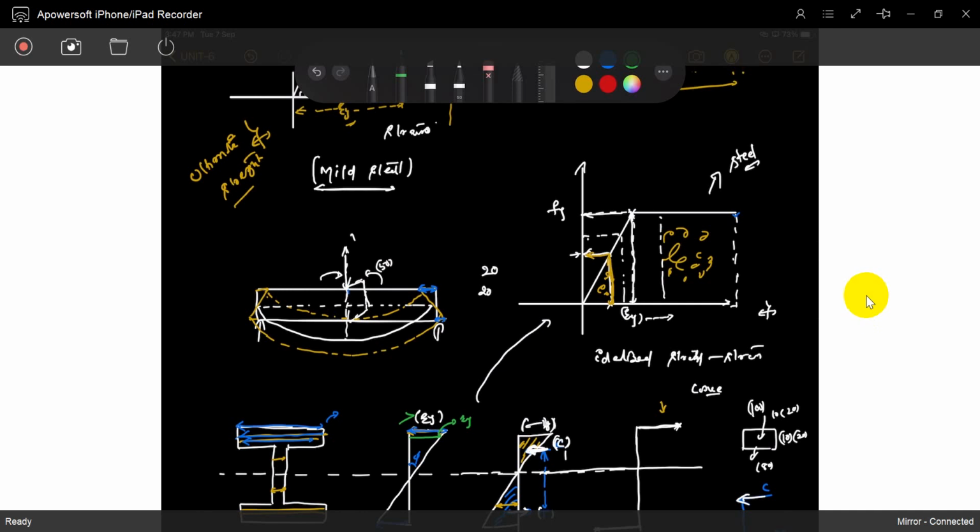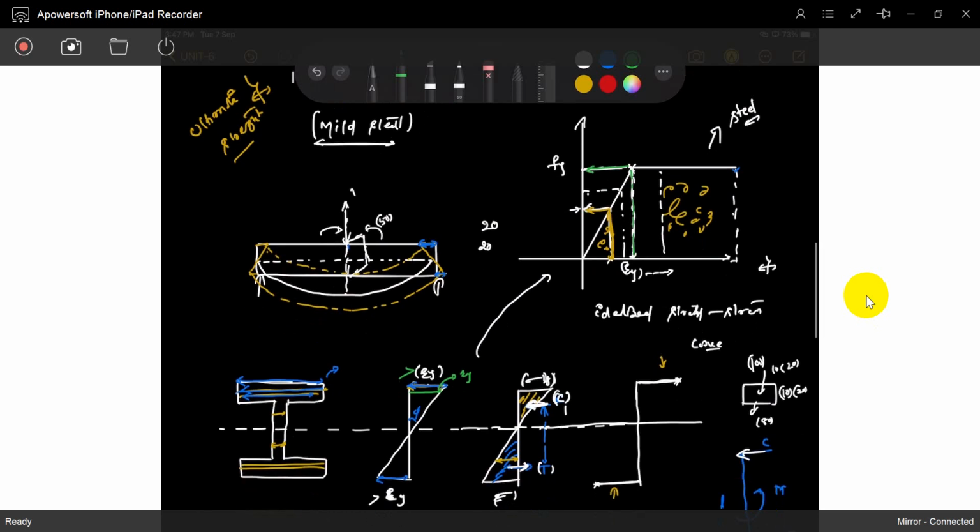Based on that, the next fiber reaches the elastic strain, the next fiber gets the elastic stress. Same stress. Again, if you increase the load, the next fiber reaches the elastic strain, so it reaches the elastic stress.